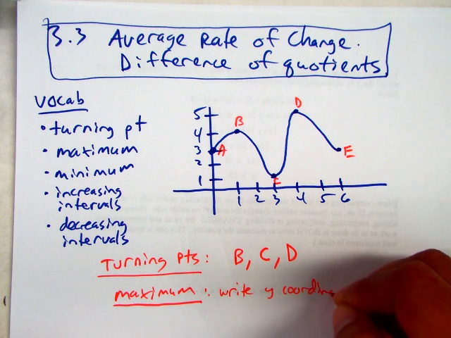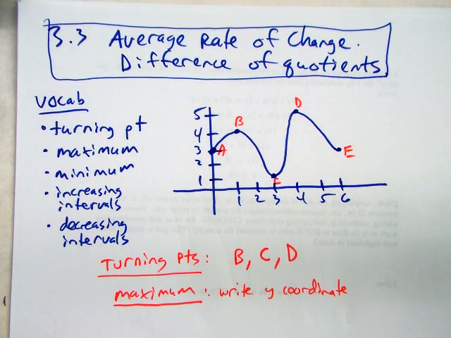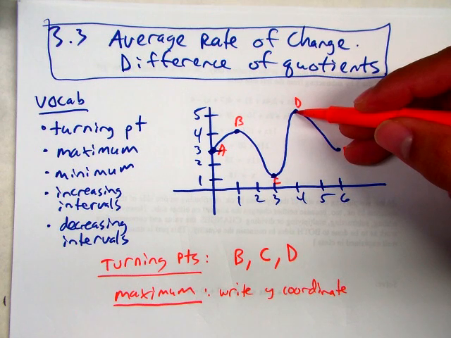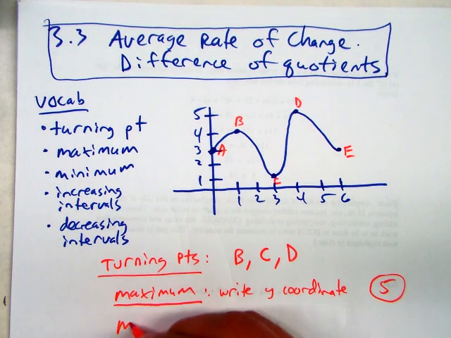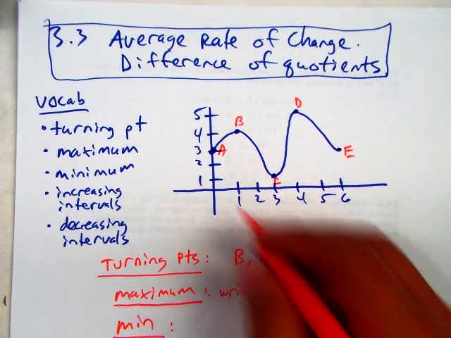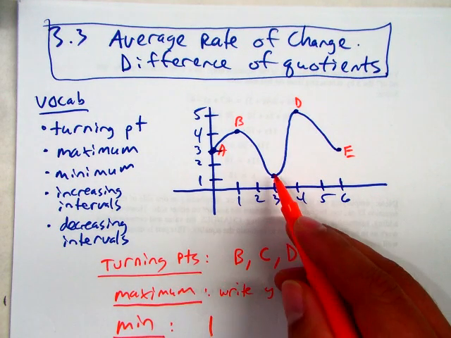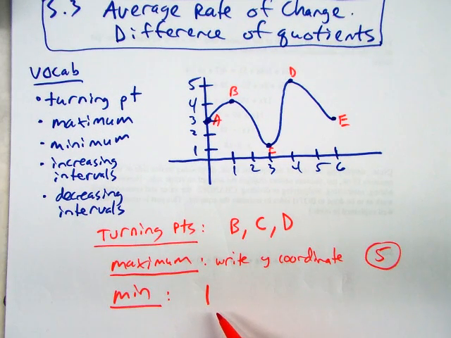Whenever we ask what is the max, what is the min, it means tell me the y-coordinate of that point. So D is the maximum point. What's the y there? 5. What about the minimum? Minimum is 1. Good, because the lowest point on the graph is C, and it has a y-coordinate of 1. Does that make sense, everybody?